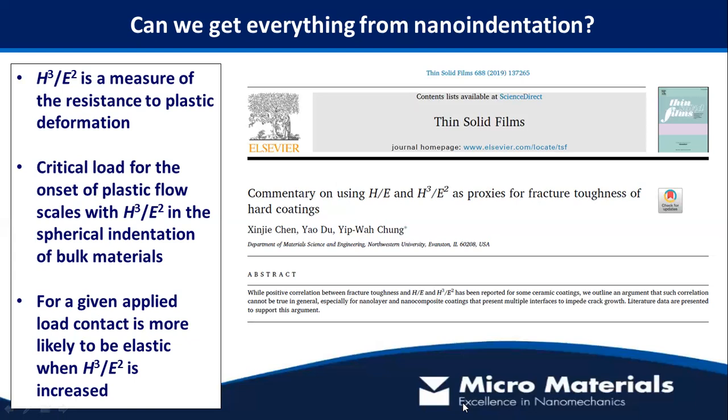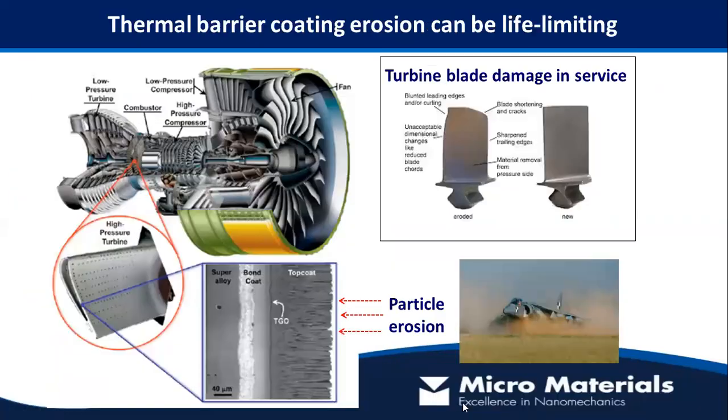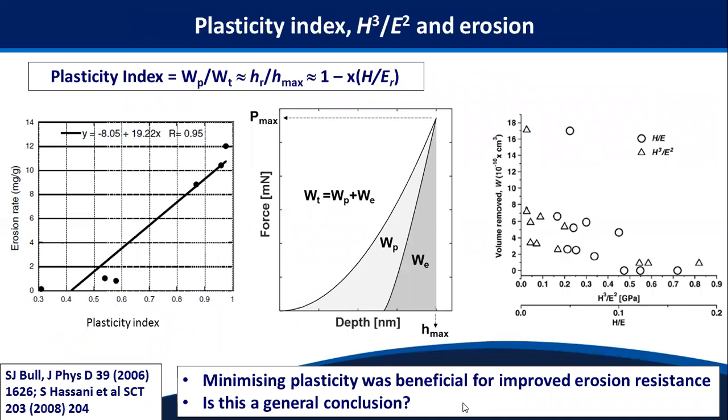So it can also be thought of a little bit like a load carrying capacity parameter. Another very useful related index is the plasticity index for indentation, which is the plastic work done divided by the total work done. And this is sort of inversely correlated with this ratio of hardness to elastic modulus, as shown in this equation here.